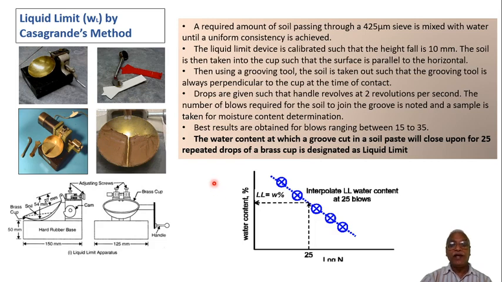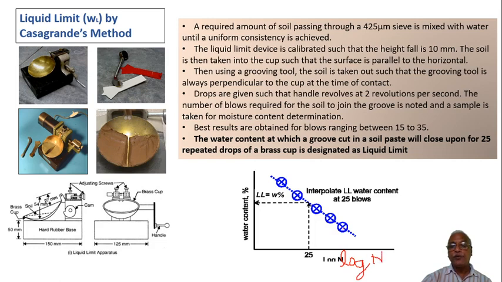You can have a look at this graph. Here there is water content, here there is log of n. It's not properly printed, let me write that. So here we have log to the base 10, and n is the number of drops.